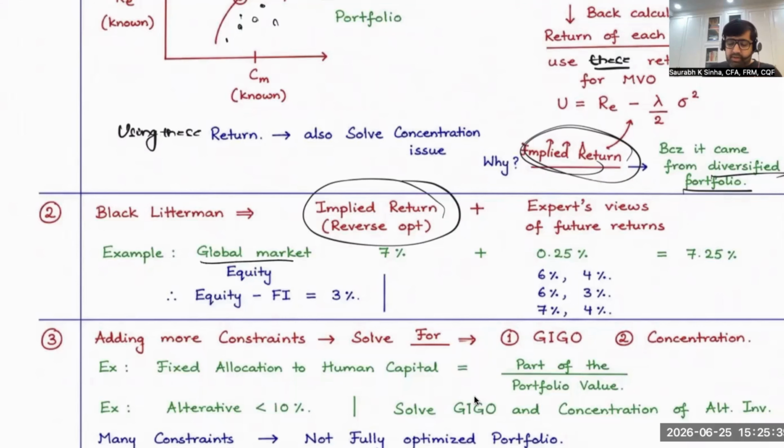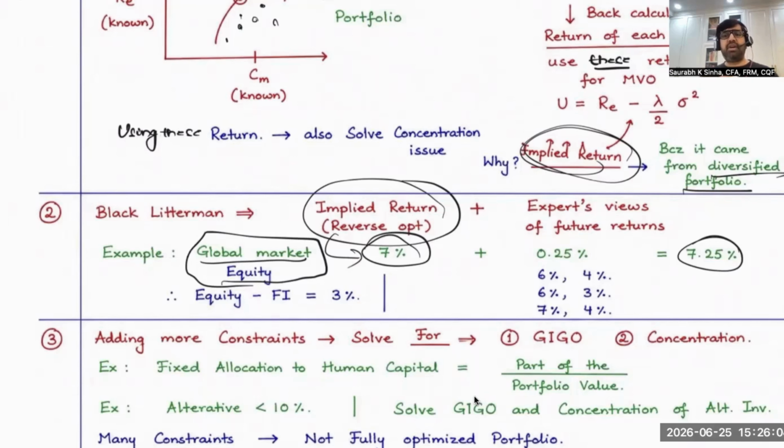For example, you calculated that global market equity through the reverse optimization technique, the implied return calculated is 7%. But expert has an opinion, no, it should have slightly higher return of 0.25%. That would be 7.25%.